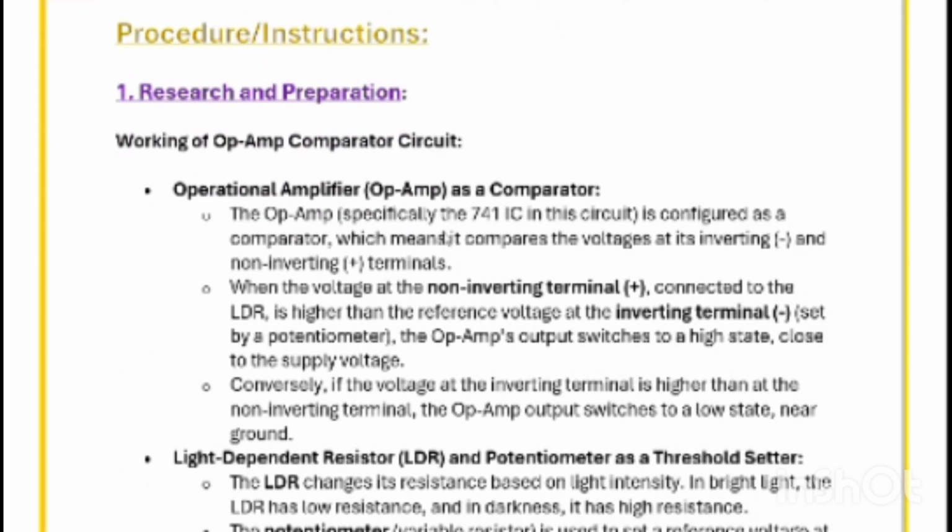When we think of the procedure, the first thing is the working of the op-amp comparator circuit. The op-amp has two terminals, the non-inverting terminal and the inverting terminal. The op-amp operates as a comparator, comparing voltages at its non-inverting and inverting terminals to switch its output.